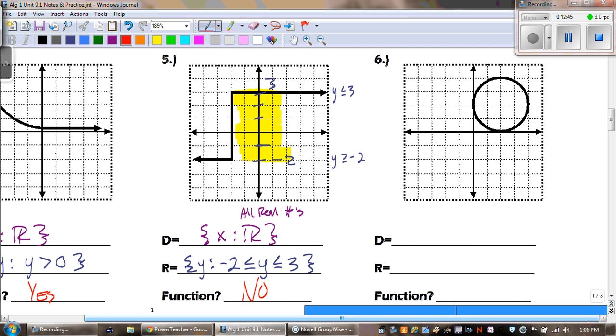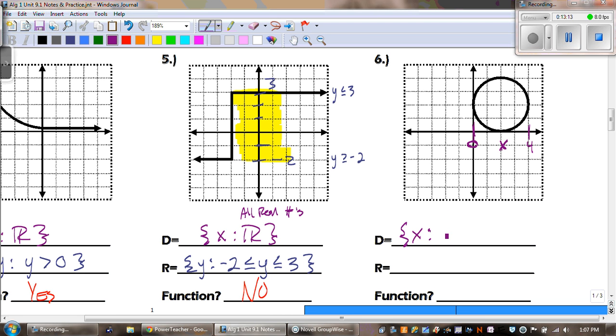Okay, number 6. Number 6 is the first one on the domain where we can see the specific start and stop. Okay, so from left to right, it goes as far left as 0 and as far right as 4. Okay, and remember that we write the x in between it just like we did for the range in number 5.